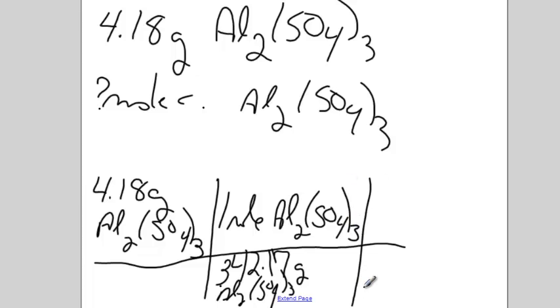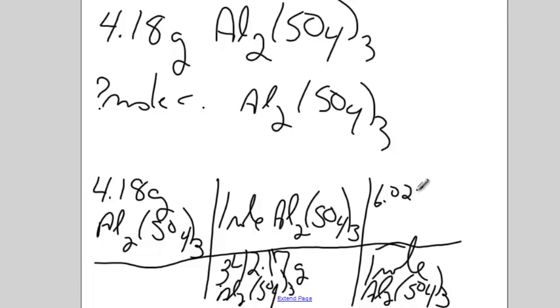Don't be stingy on your labels here, you'll get confused otherwise. For every 1 mole of aluminum sulfate, I know I have 6.02 times 10 to the 23rd molecules.